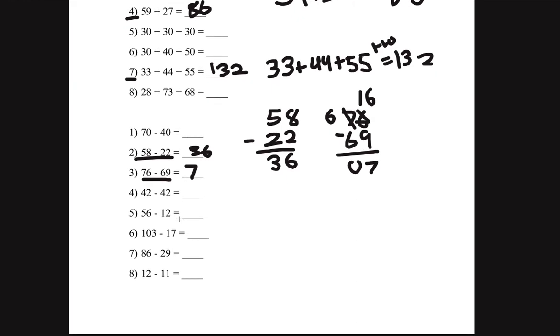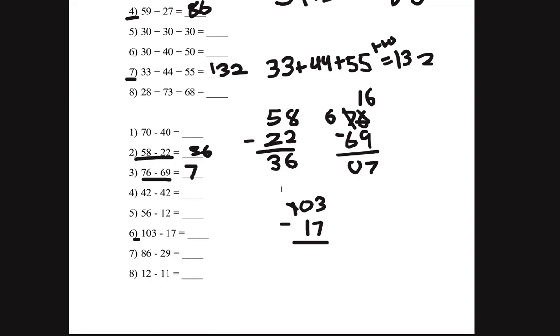Now let's move on to another example of this. Number 6. We have 103 minus 17. Once again, the 3 is too small and can't subtract the 7. And then we look one more place and look at the 0. But we can't borrow from the 0, which does nothing there. So we go to the hundreds place.